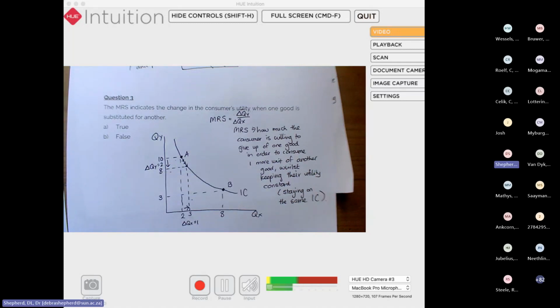So that is my marginal rate of substitution.